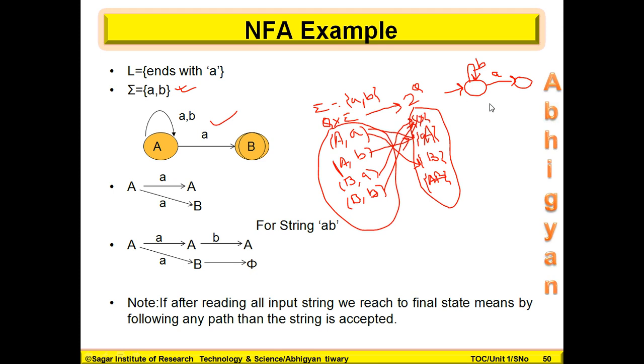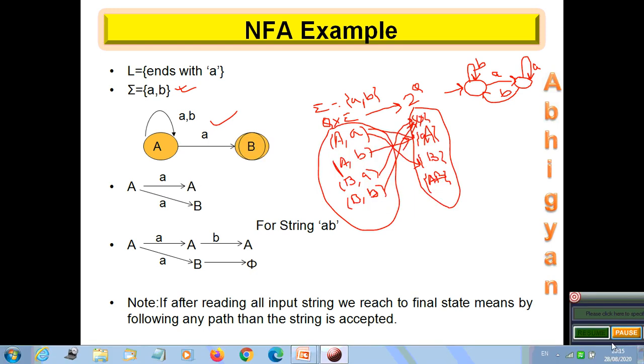If we get B here, that is how we make the DFA. And if we have A at the end phase, we get this one. So this is how we deal with this.